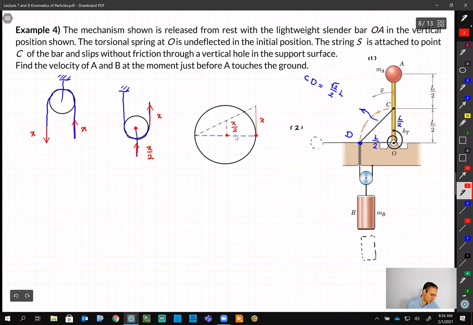For a moment, we can assume this point is fixed and we are just pushing X a little, maybe 1 millimeter, then the center is going to move half a millimeter. So this is the information that we know from the past.